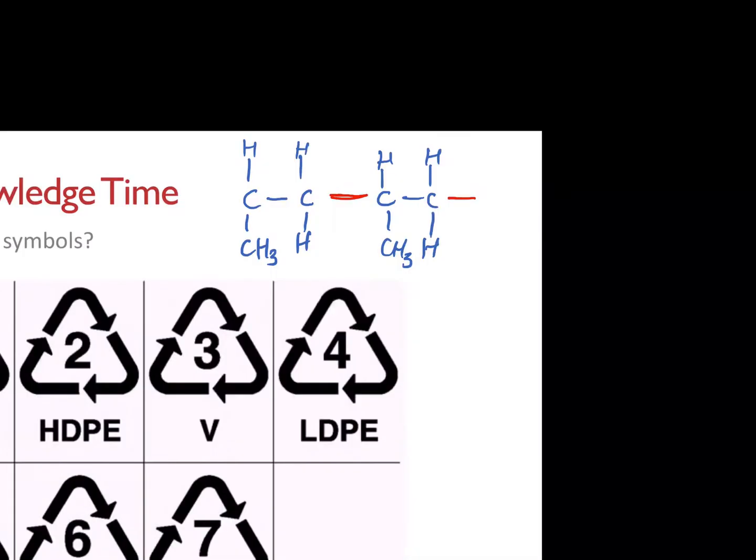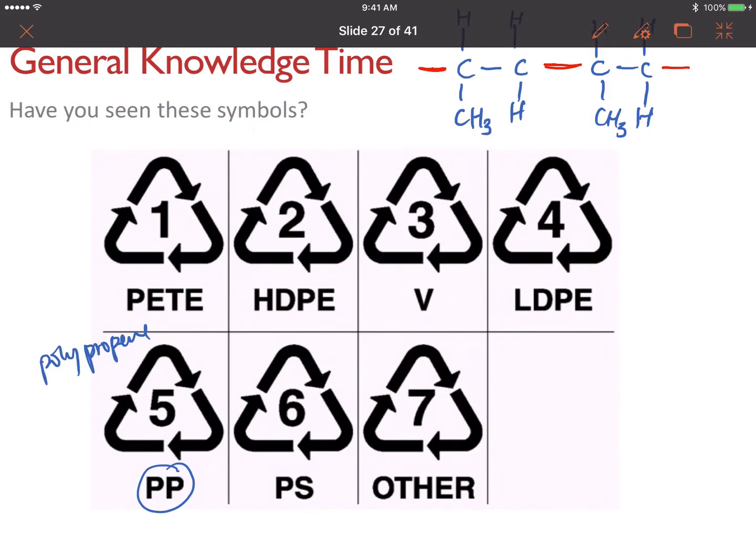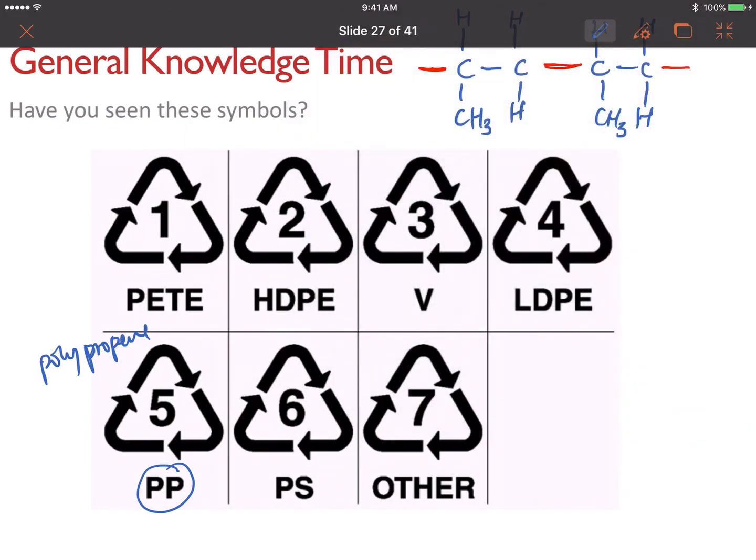Okay, so you can see that they will be joined like this. So that's polypropylene. V is actually your polyvinyl chloride. V means vinyl. Okay, don't really know why. PS is polystyrene. Then low density polyethylene and high density polyethylene.